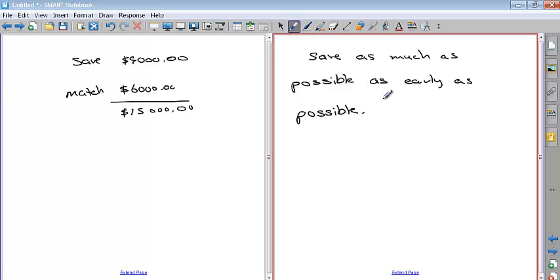If you wait till you're 50, 55, you're not really going to gain much from the time that's left till you retire. So it does require delayed gratification.